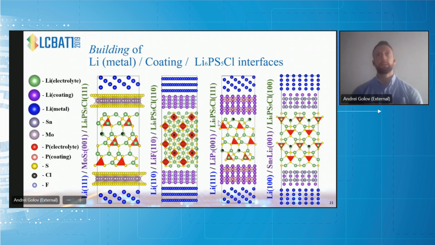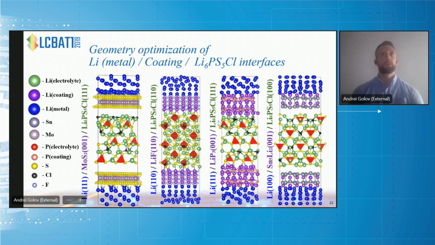To overcome these issues and find a possible solution, we carried out additional simulations with 4 possible inorganic coatings, including molybdenum sulfide, lithium fluoride, lithium phosphide, and lithium tin alloy. Opposite to the interface without coating, geometry optimization of these models almost doesn't lead to any structural changes.